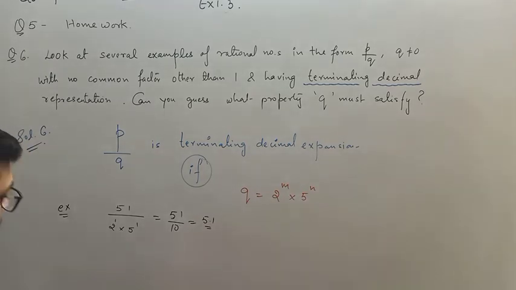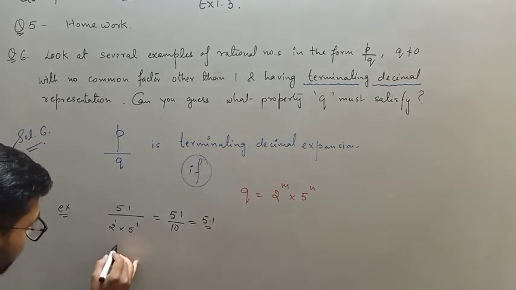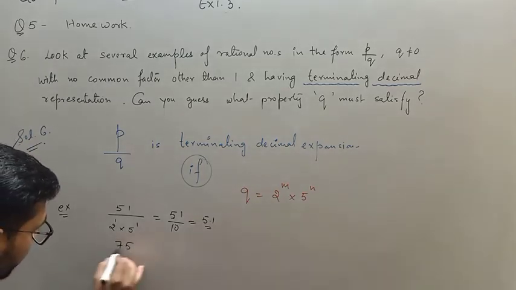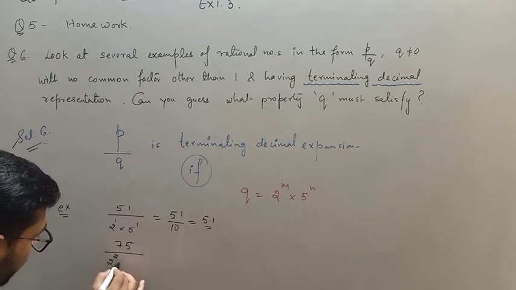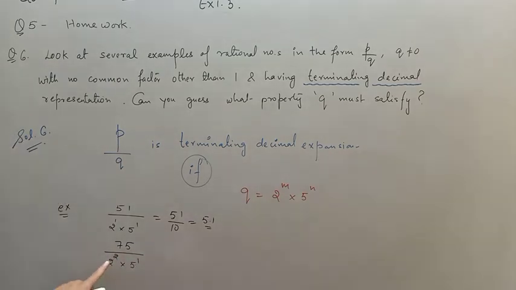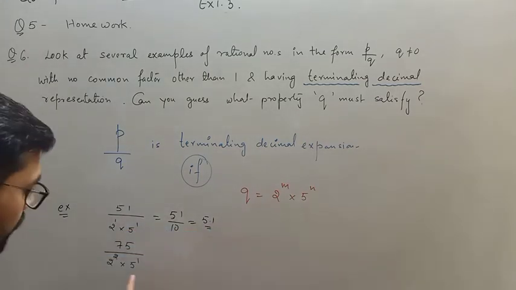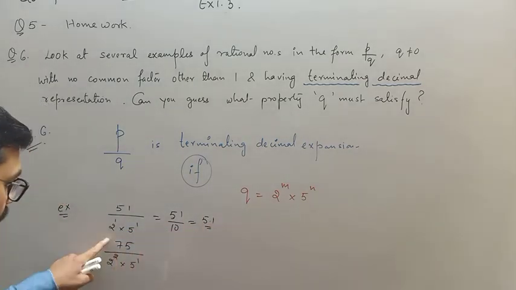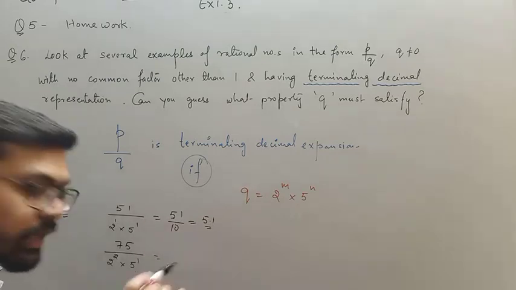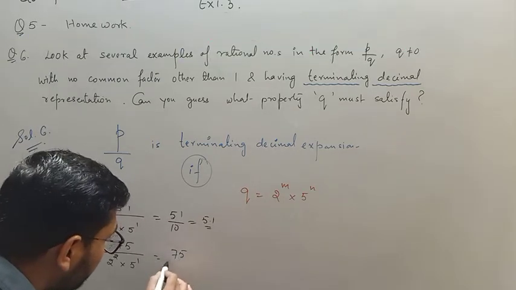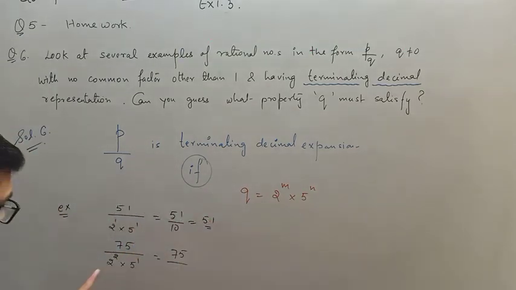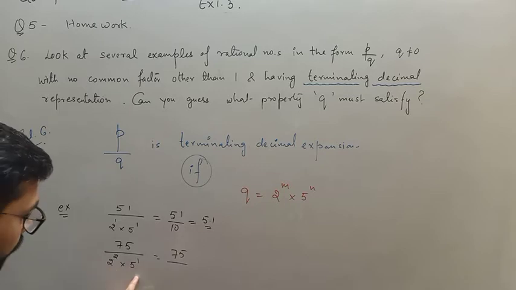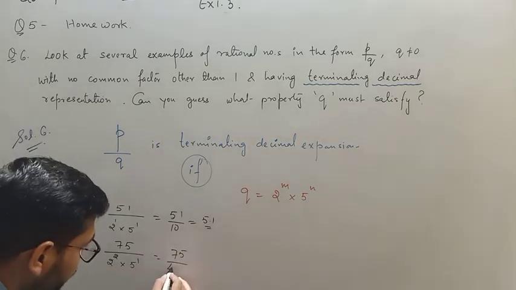Again, you can check another example. Let's say 75 divided by 2 to the power 2 into 5 to the power 1. So 2 to the power m, 5 to the power n. So Q is in this form. So P upon Q will give me a terminating decimal expansion. 2 2s are 4, 4 5s are 20.